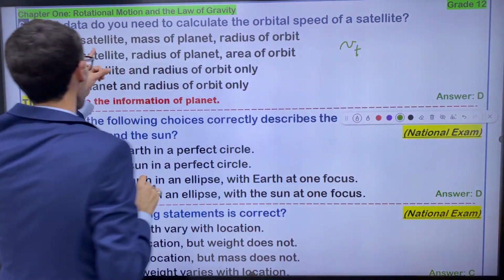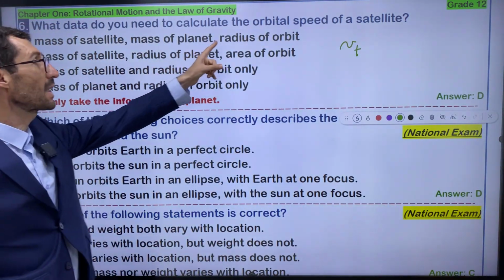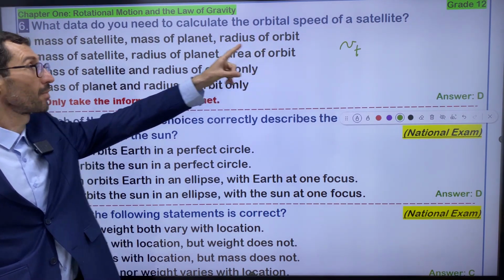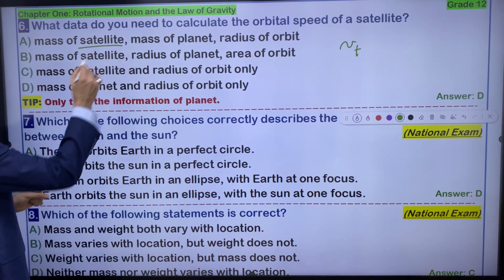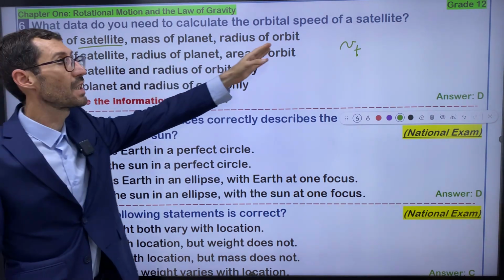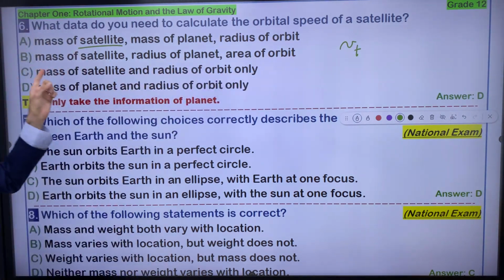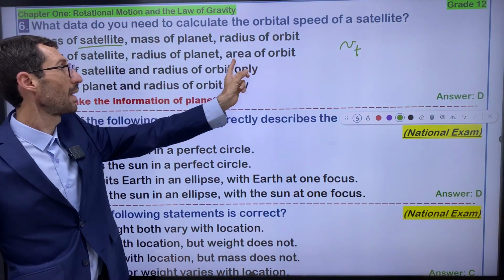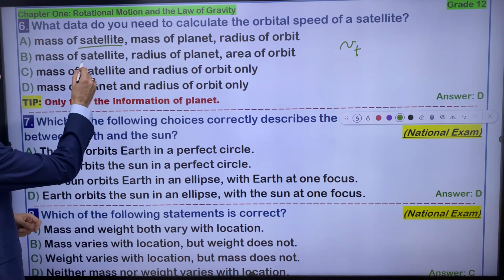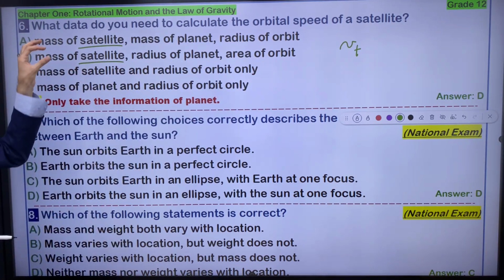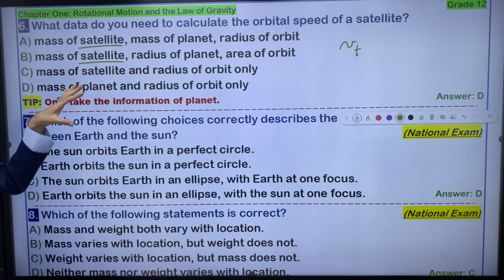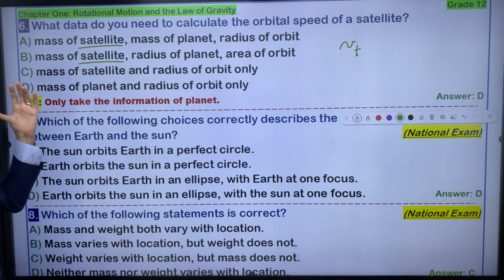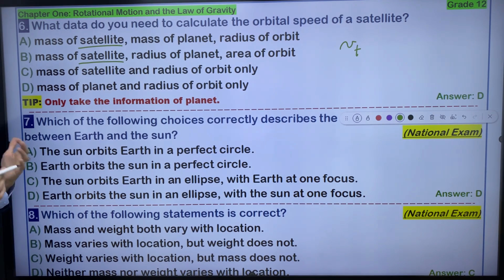A, mass of satellite, mass of planet, radius of orbit. B, mass of satellite, radius of planet, area of orbit. I just underlined the information of the satellite here. I'm going to give you a note to find the correct answer.